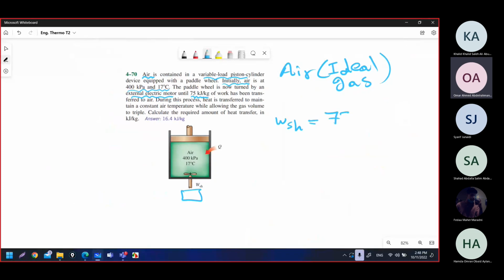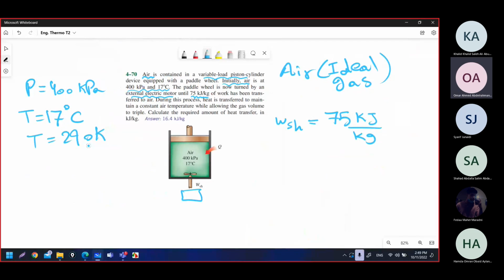So it equals 75 kilojoule per kilogram. And of course, I have the pressure given, equal to 400 kilopascal, and the temperature, 17 degrees Celsius. In Kelvin, you add 273, so it will be 290 Kelvin.